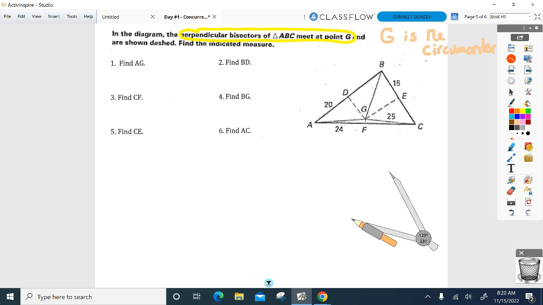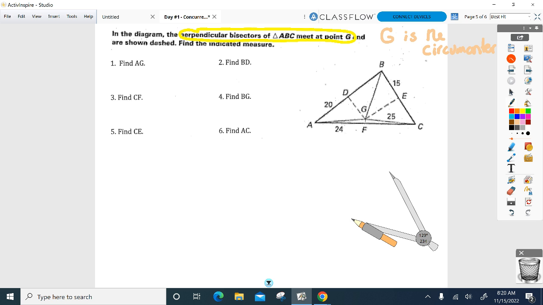What are the points called on the triangle? It's equidistant away from A, B, and C, which are the vertices of the triangle. Okay, good, Charlie. Everybody else? It's equidistant from the vertices.